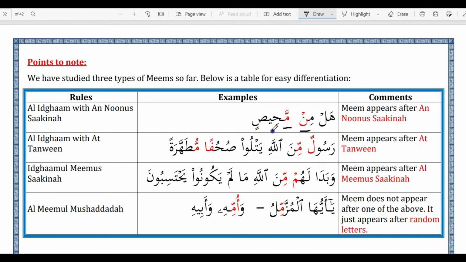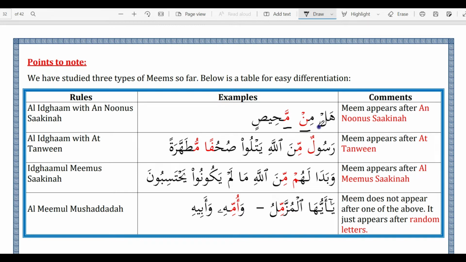Now, in Idgham, we said that whenever the letter Meem comes after Nun Sakina, we join these two words together and prolong the sound with gunna. So Meem belongs to idghamun nun sakina, coming after nun sakina.